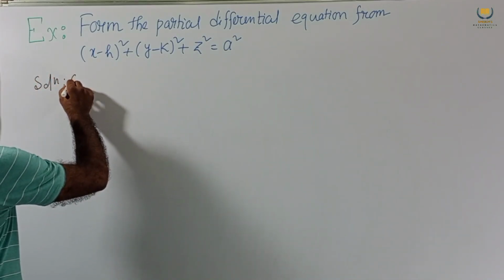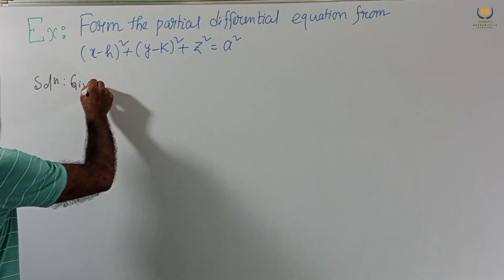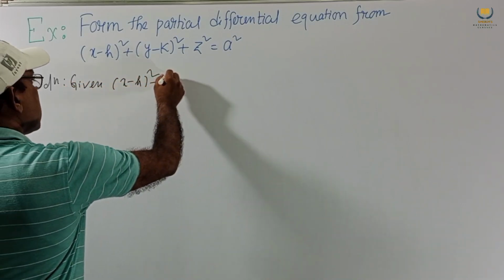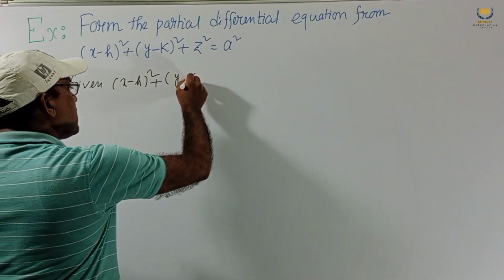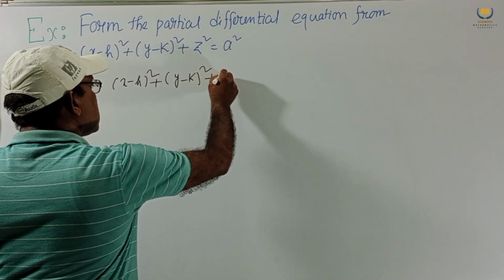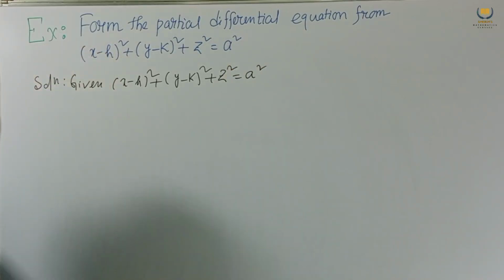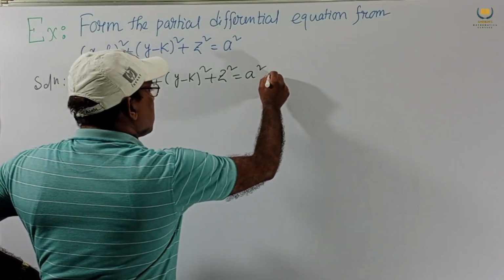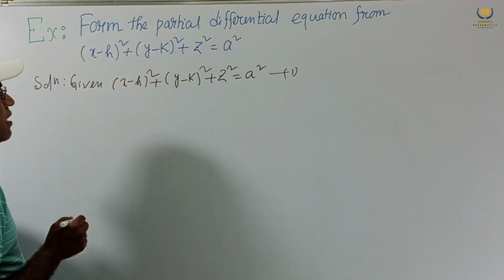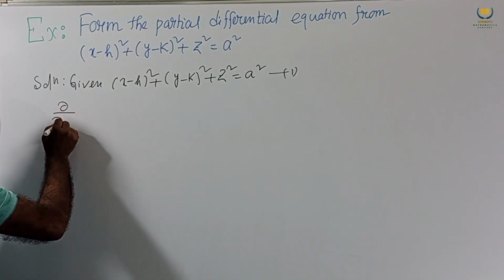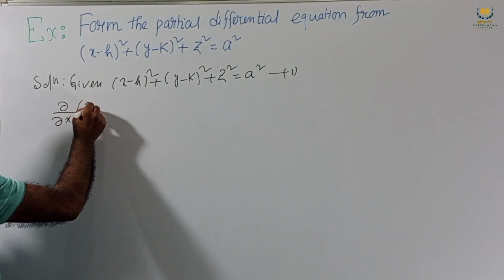So here, given (x minus h) whole square plus (y minus k) whole square plus z square equal to a square. This one is given. We consider this as number 1. Now we differentiate both sides partially with respect to x.